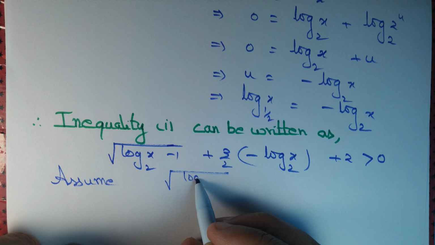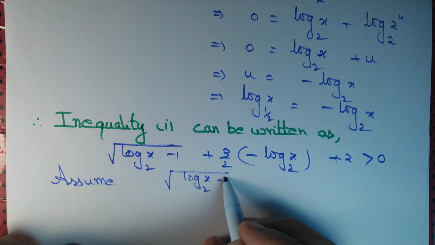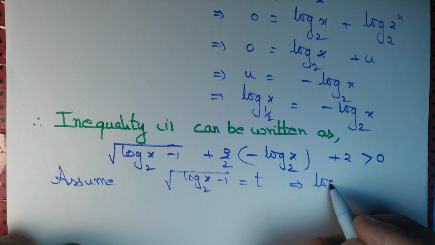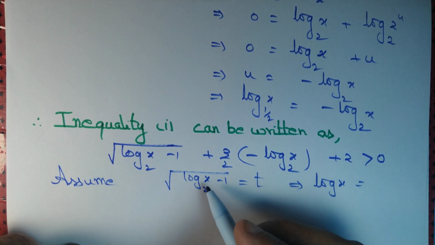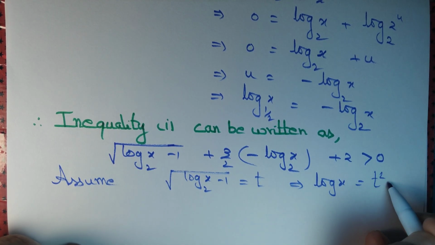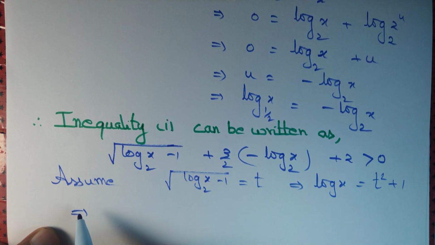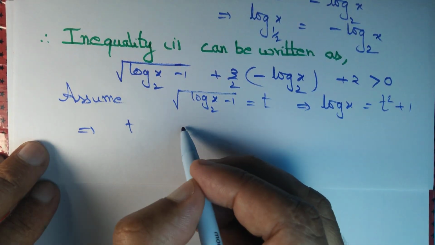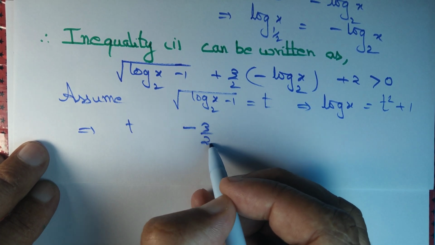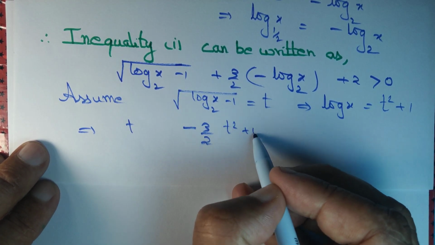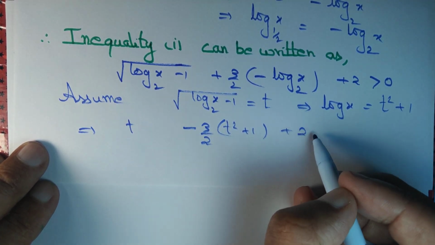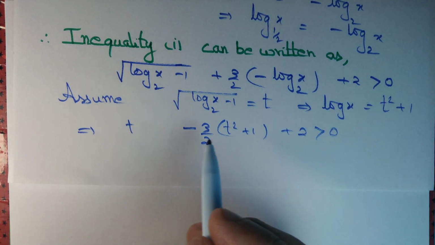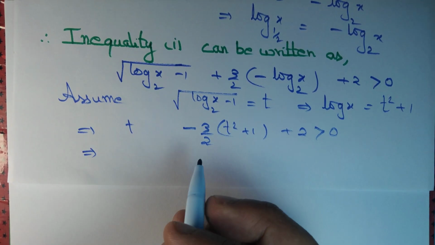square root of log of x with base 2 minus 1 equals t. That gives us log of x equals, if we square it, t square plus 1. So this inequality can be written as t minus 3 by 2 log of x, that is t square plus 1, plus 2, is greater than 0. Let's multiply it throughout by 2.